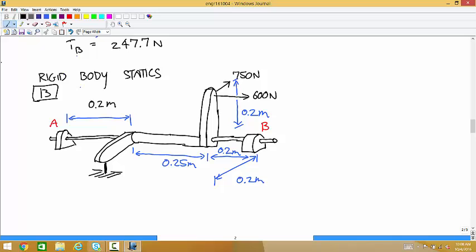And it says that bearing A provides thrust. And not B. So the bearing at B doesn't provide thrust.